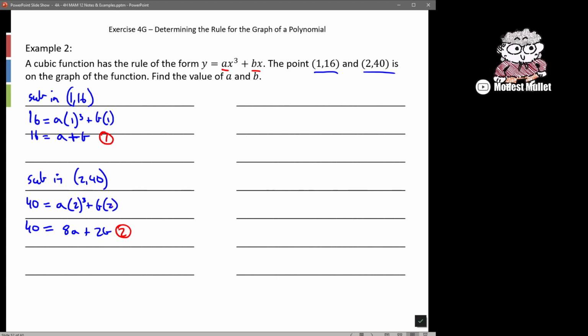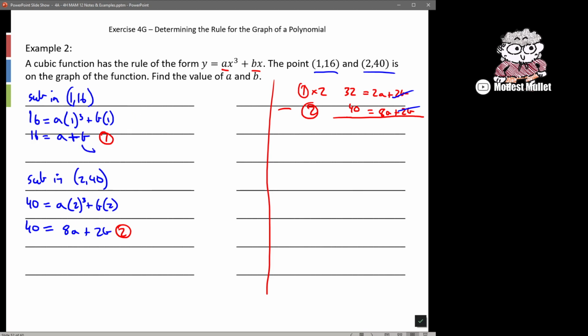I could use elimination or substitution. If I was doing elimination, which I wouldn't actually suggest, as this one's probably quicker to do by substitution, I would do equation 1 times 2, which gives me 16 by 2 is 32 is equal to 2a plus 2b, and then I'd take away from that equation 2, which is 40 equals 8a plus 2b, and because we have the 2b and the 2b, they cancel, and we can go from there.